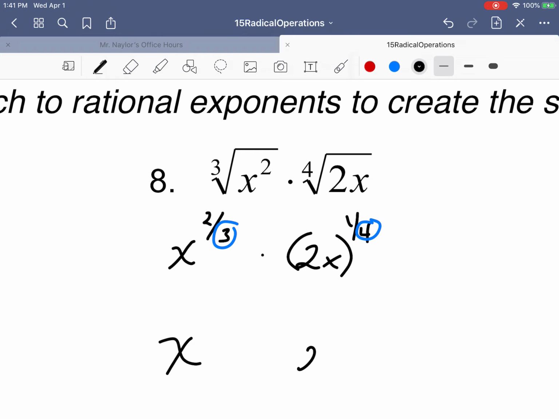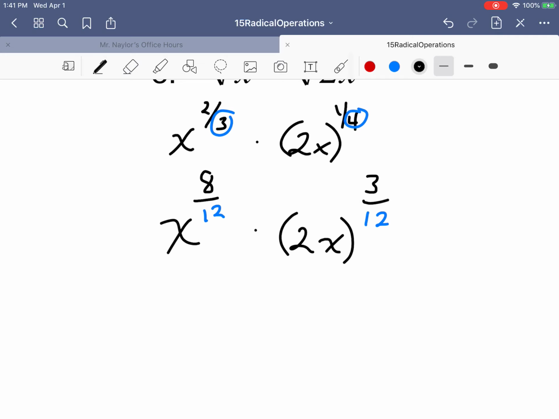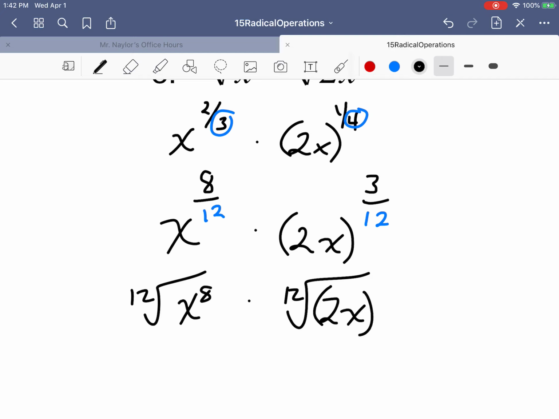Now, of course, I can't just make them 12s without also changing the numerator, but we'll get it ready with a 12. I hope you multiplied by 4. That would give you now an 8/12, and I hope you multiplied this one by 3. That'd give you a 3/12. Looks like the problem is going to turn into the 12th root of 8 of x to the 8 and the 12th root of 2x to the 3rd.